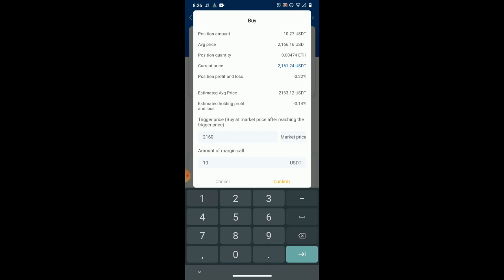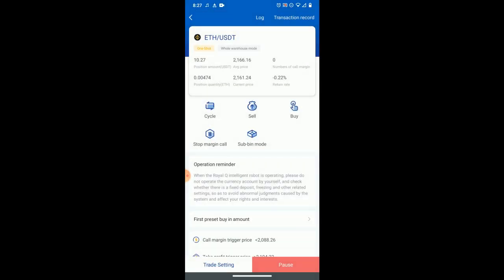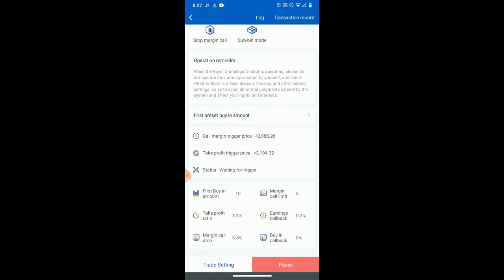I don't want to do it anyway. So now, I haven't done all that. There is one thing left. Pause. This pause you are seeing. If you pause a trade, the trade will be cancelled, but it can be recalled back.